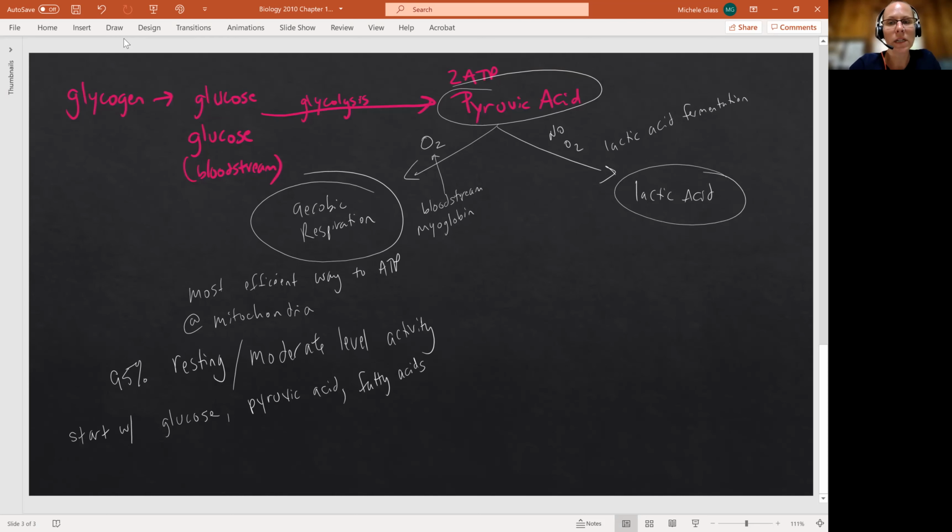Lactic acid fermentation is this conversion of pyruvic acid to lactic acid. And this is occurring when you have very high level strenuous activity. And what we see is this leads to muscle fatigue.